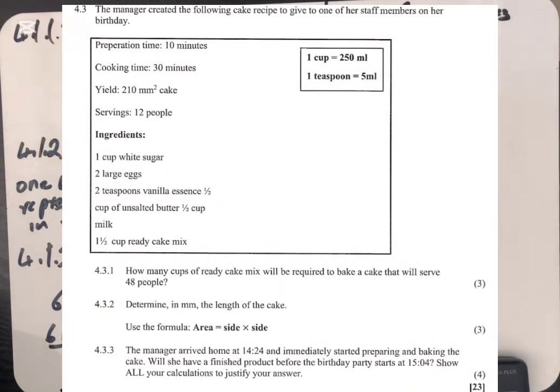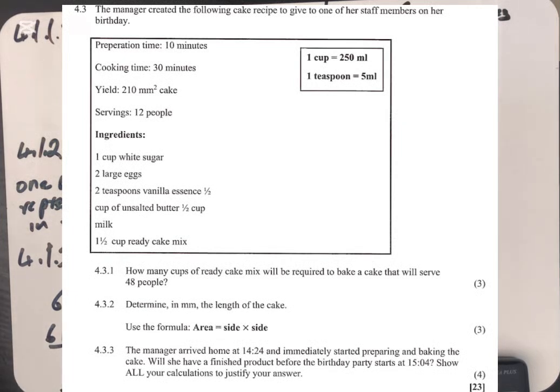Ingredients: 1 cup white sugar, 2 large eggs, 2 teaspoons vanilla essence, 1.5 cup of unsalted butter, 1.5 cup milk, 1.5 cup ready cake mix. How many cups of the ready cake mix will be required to bake a cake that will serve 48 people?